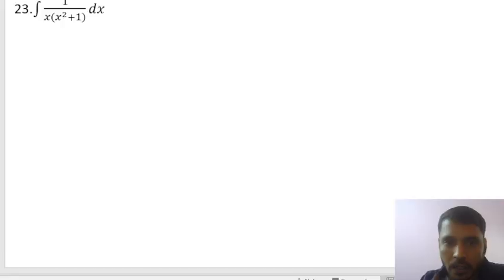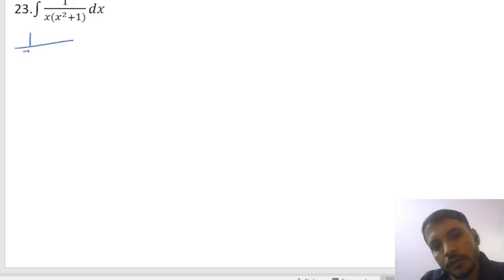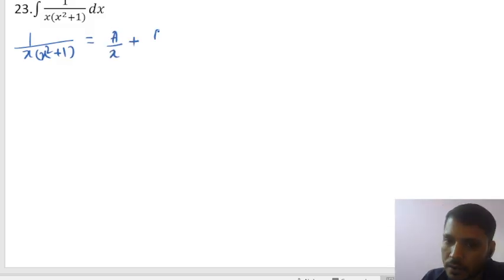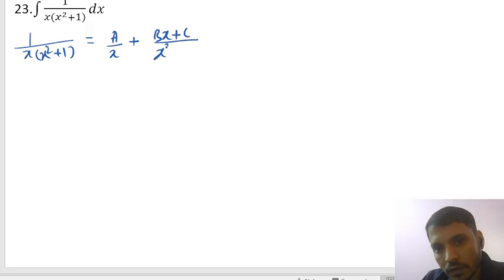Right, now here too we can apply the partial fraction directly. We can write 1 by x into (x square plus 1) as a divided by x plus, since it is non-factorizable, (bx plus c) divided by x square plus 1.